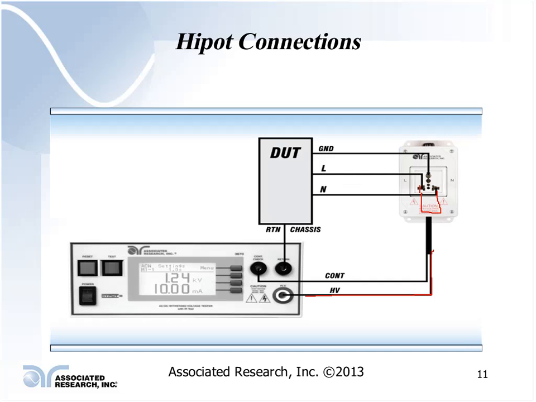So we are applying the high voltage potential to both the neutral circuit and the hot circuit simultaneously, and we're testing, again, the insulation of our device under test to ground. This shows the ground connection coming back into the ground pin here, and that's connected to the continuity terminal. The return terminal is connected to the chassis.